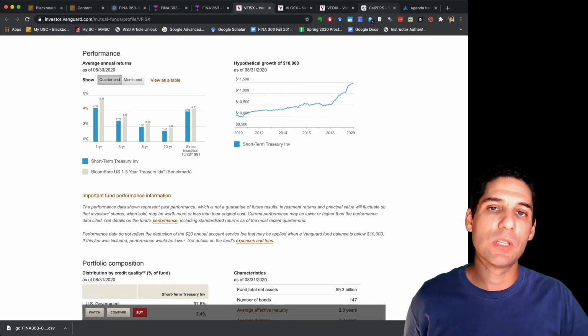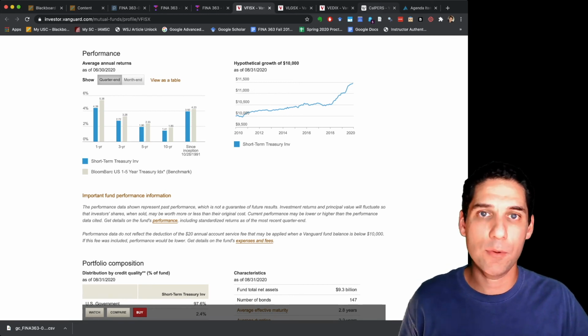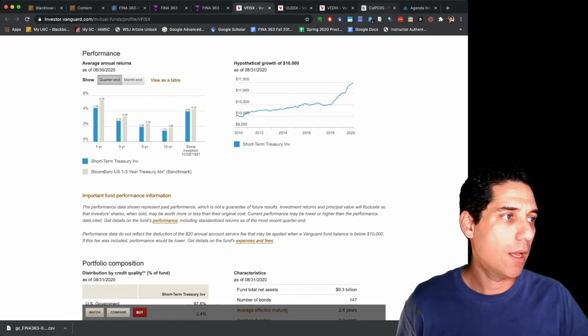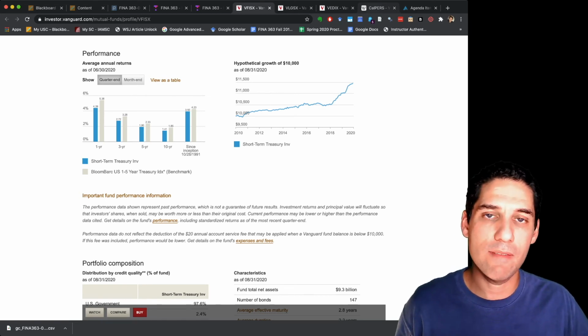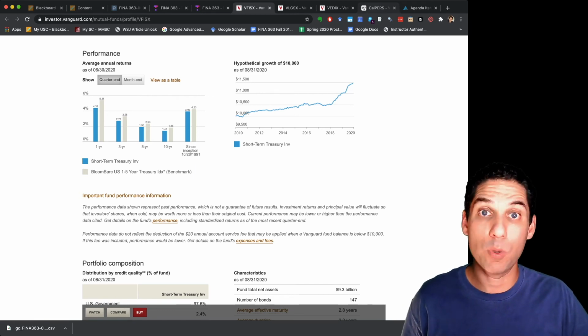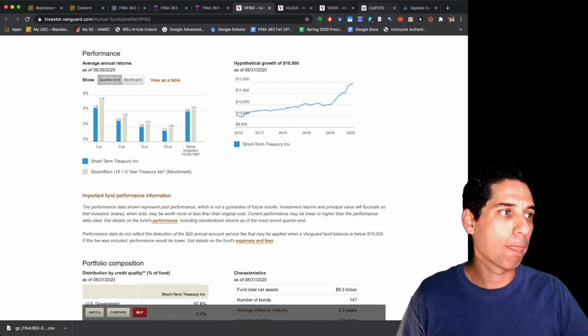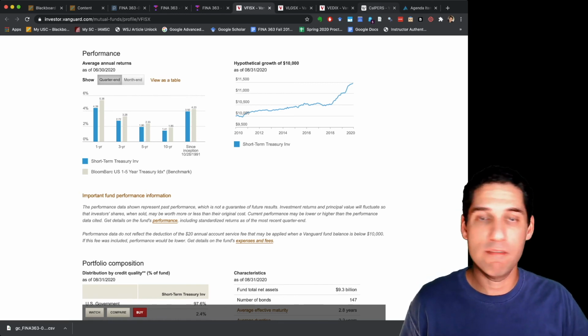So CalPERS is the largest public pension fund in the US, managing more than $300 billion. And they are managing the retirement savings and health spending of 1.6 million public employees in California. So this is a very major investor in markets.